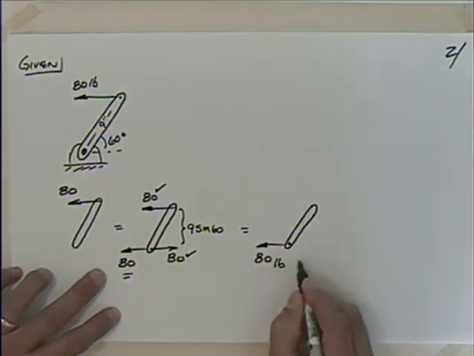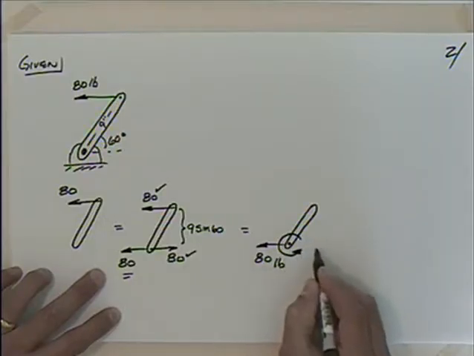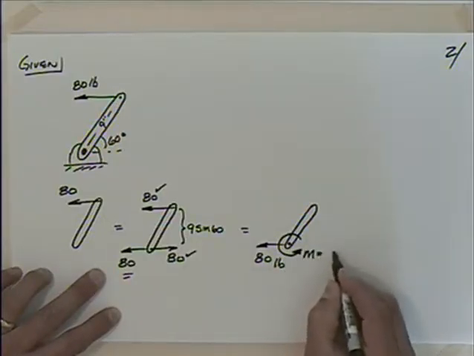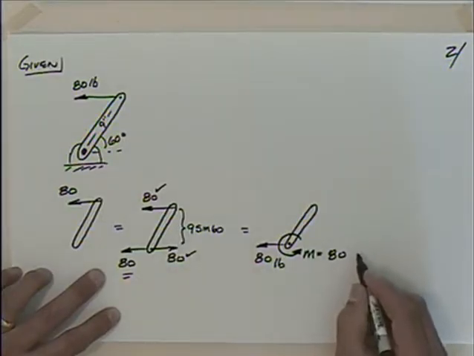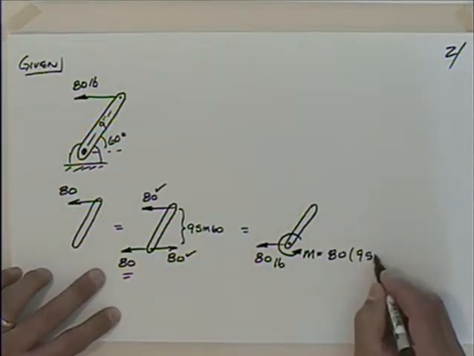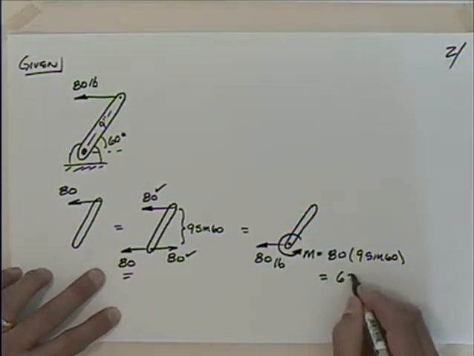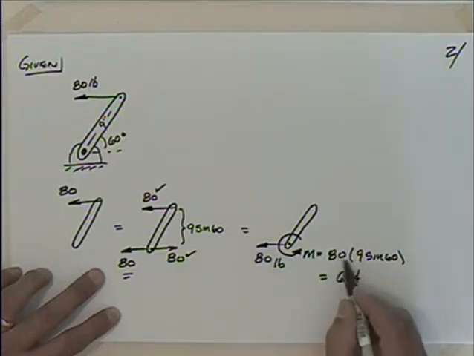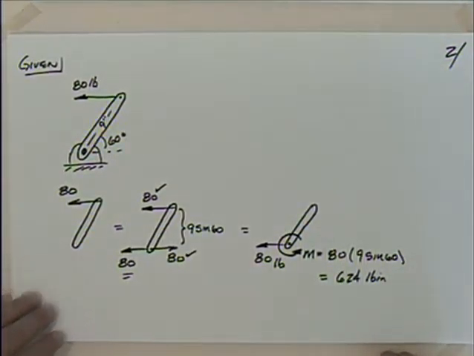So I've got 80 pounds, and then I have this moment here, this couple moment, that's going to be equal to 80, that's the force, times the distance between them, 9 sine 60, which gives me 624, and what do we have? Pounds and inches, so that will be pound inches.